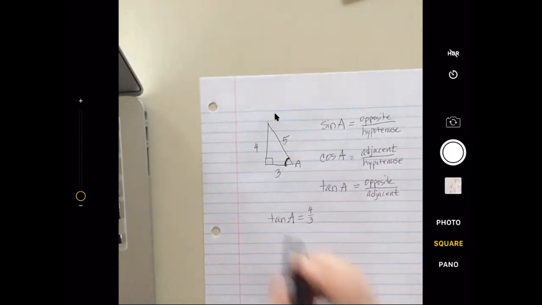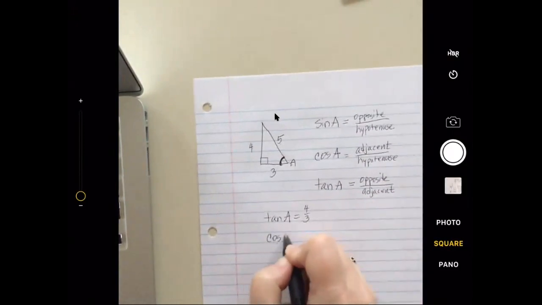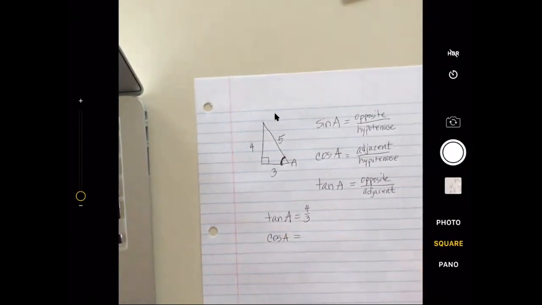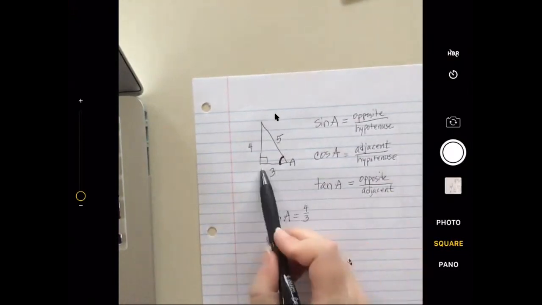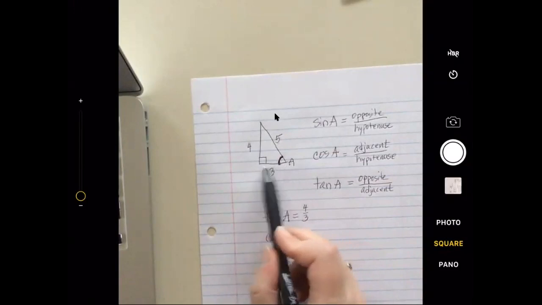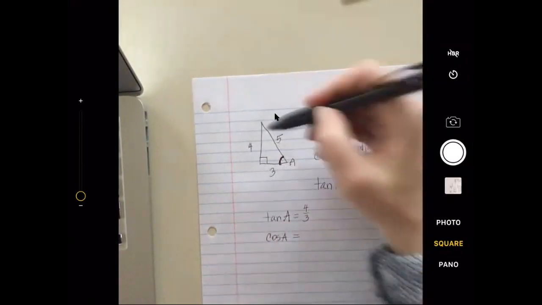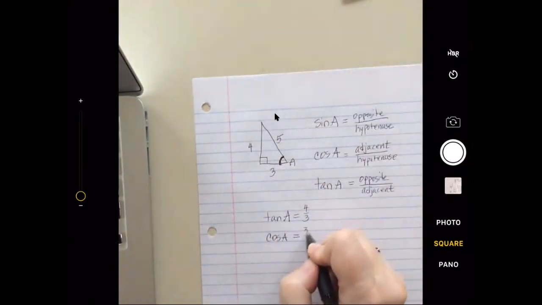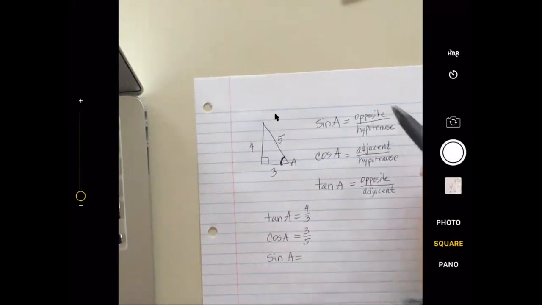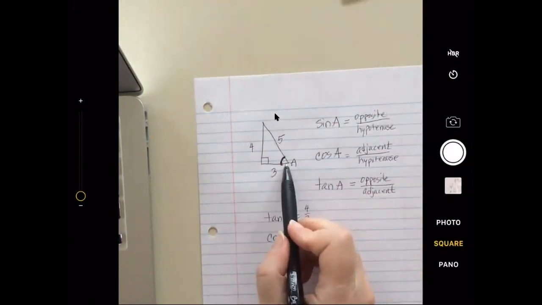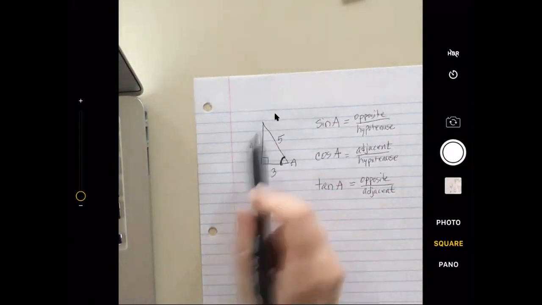The cosine of angle A is the adjacent leg over the hypotenuse, 3 over 5. And the sine of angle A is opposite over hypotenuse, 4 over 5.